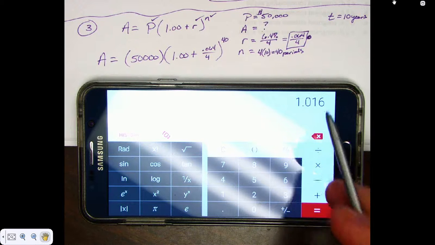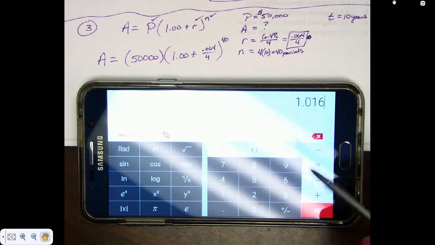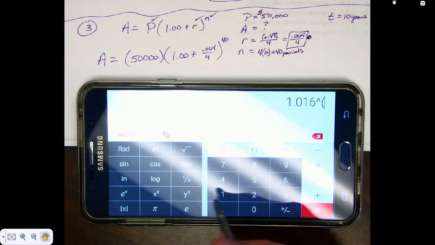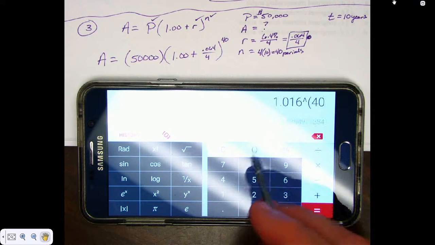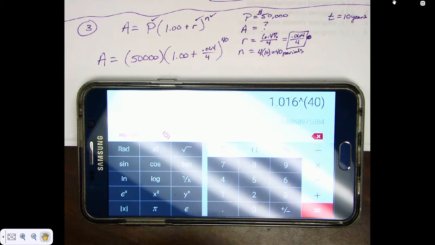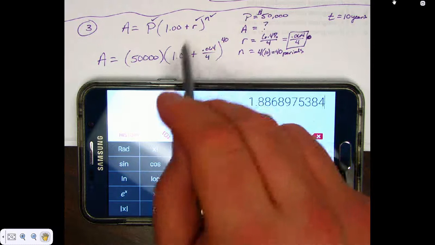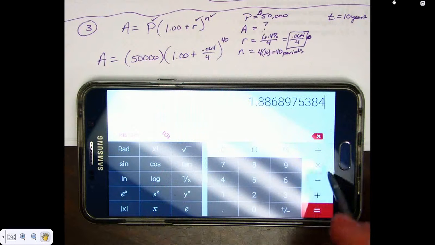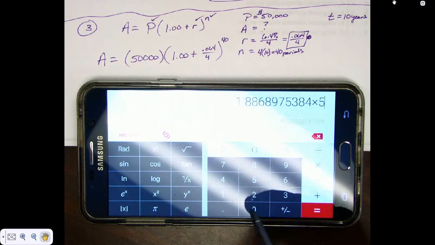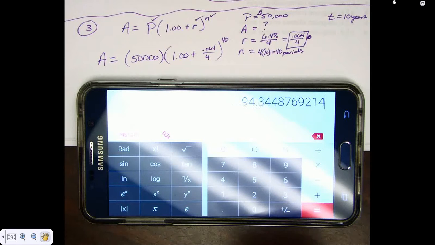Then what do I need to do? I need to take whatever I get in this parentheses, I need to take it to the what power? 40th power, don't I? You guys see what I did there? So now I've got everything inside here, don't I? Now the only thing left to do is multiply it times what? 50,000. What do I get?